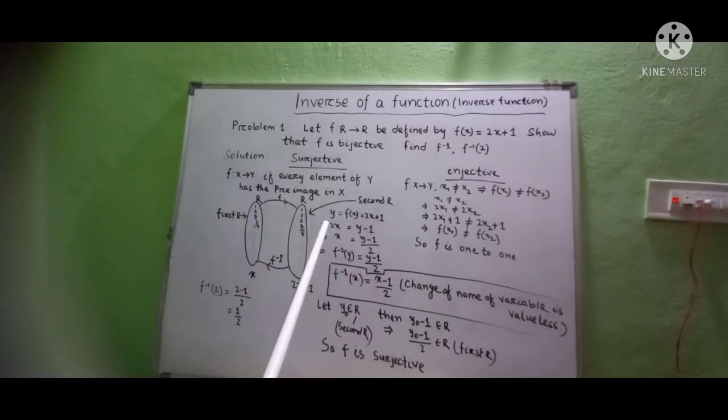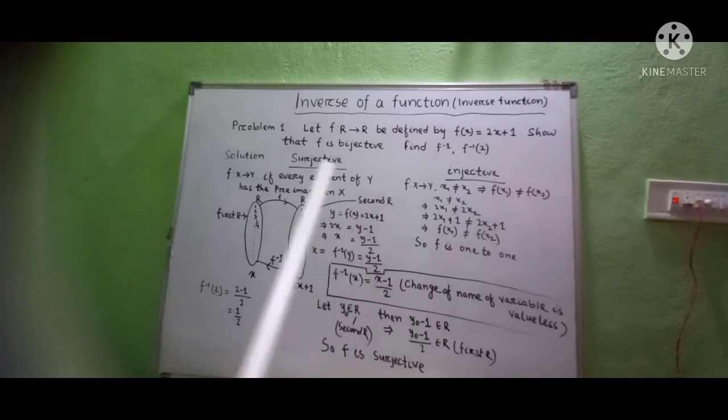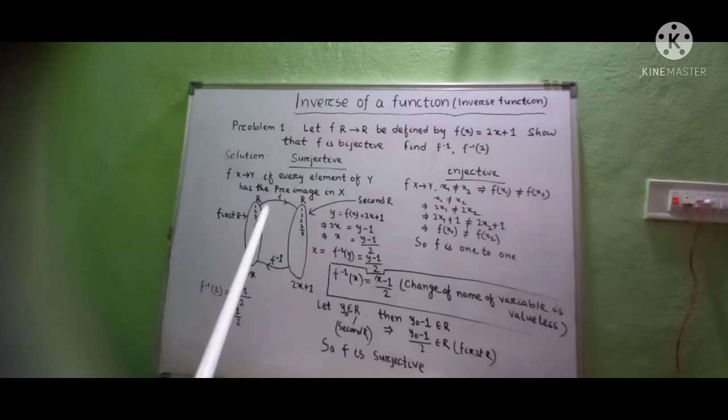So 2x + 1 = y, so 2x = y - 1, which implies x = (y - 1)/2. That means x is expressed in the form of y. So x = g(y) = (y - 1)/2.